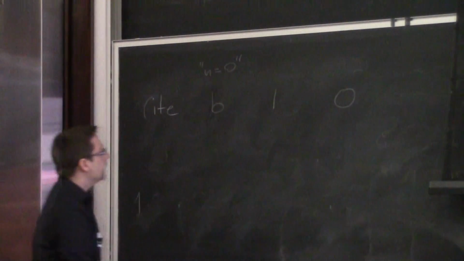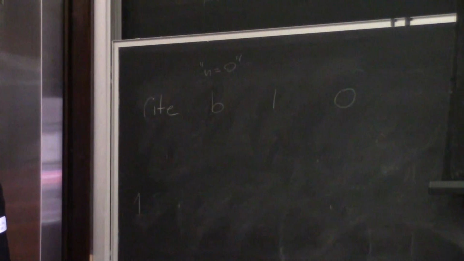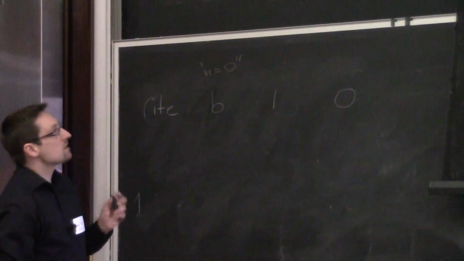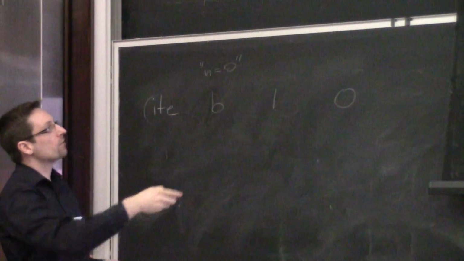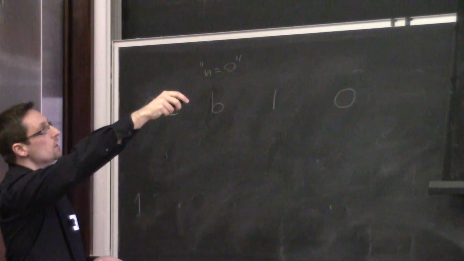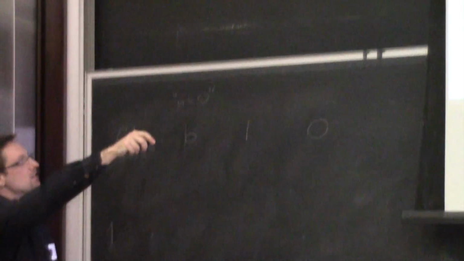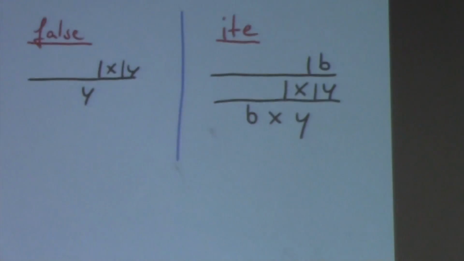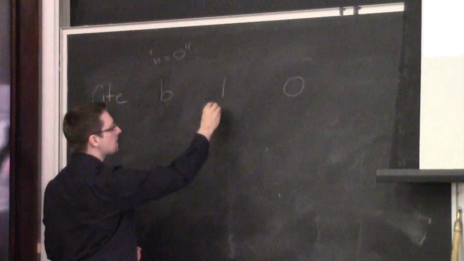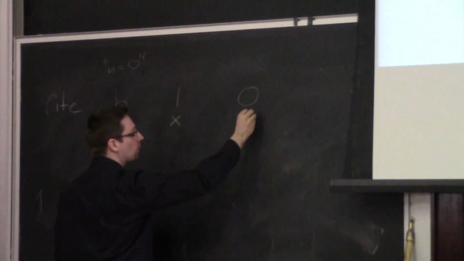The way this works is, if you look at the definition up here, the if-then-else is a family that first takes a b, and then it takes values x and y.